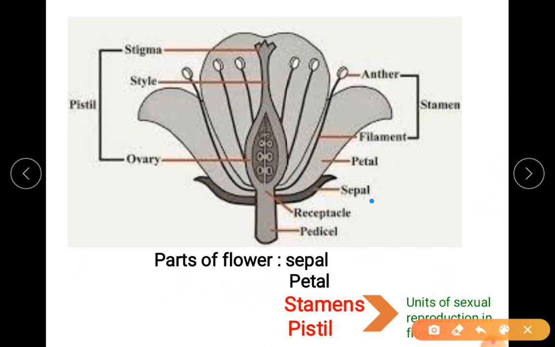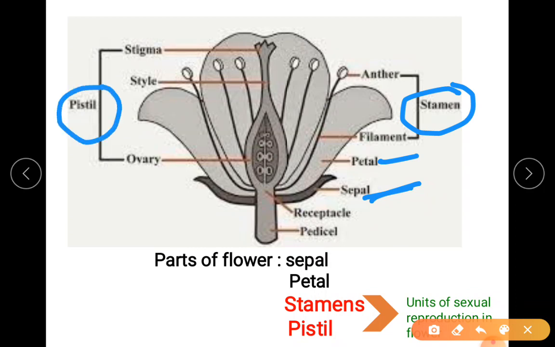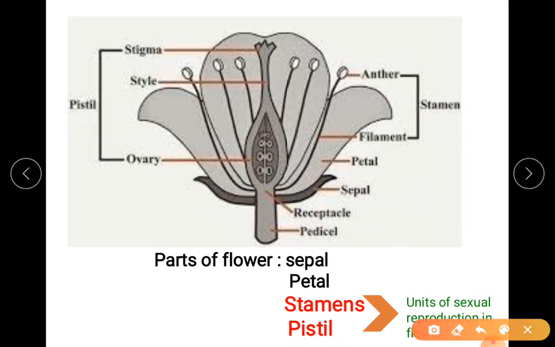There is your sepal, whorl is your calyx, petal is individual unit, whorl is your corolla, then there is stamen and pistil. So these are your 4 whorls. Among these, I've written in red the stamens and pistils. These are the units of reproduction.